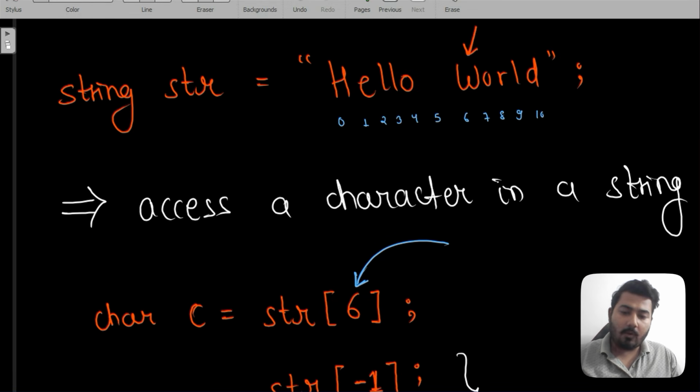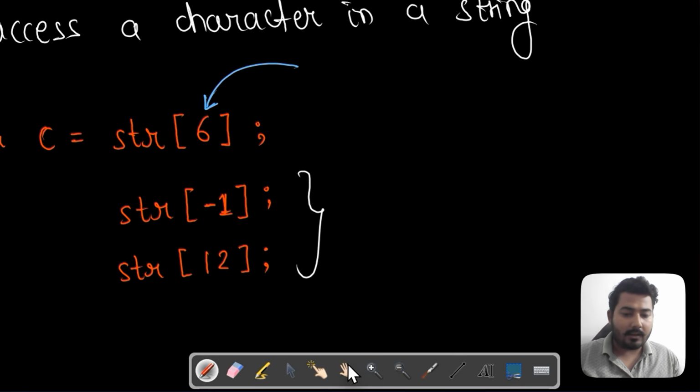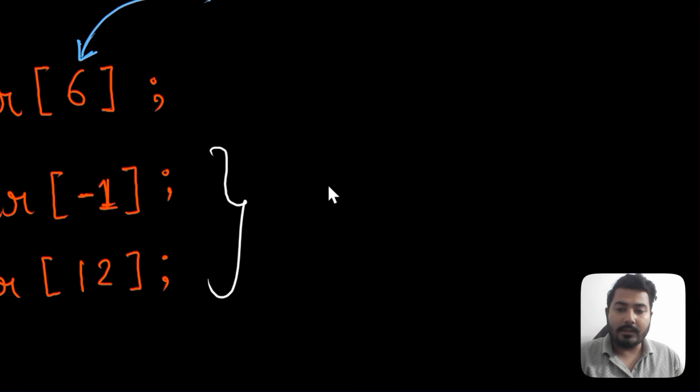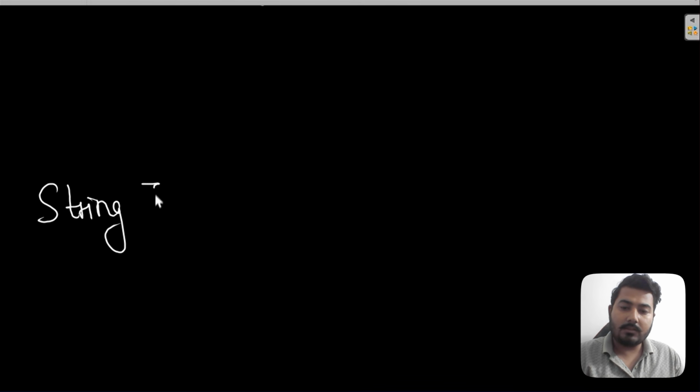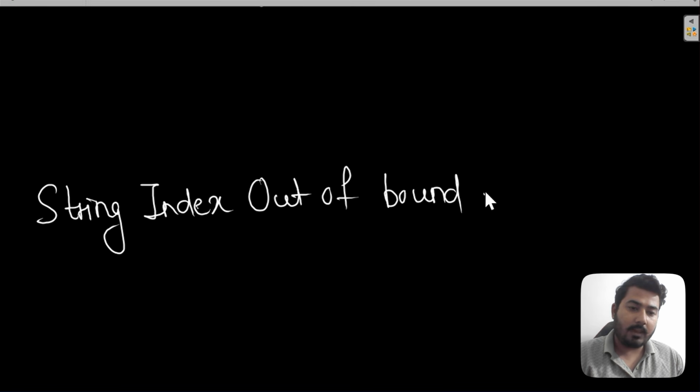In that case, obviously you're going to get an exception, you're going to get an error. But what exactly is the name of that exception? That is one important point. The name of that exception would be string index out of bound exception.